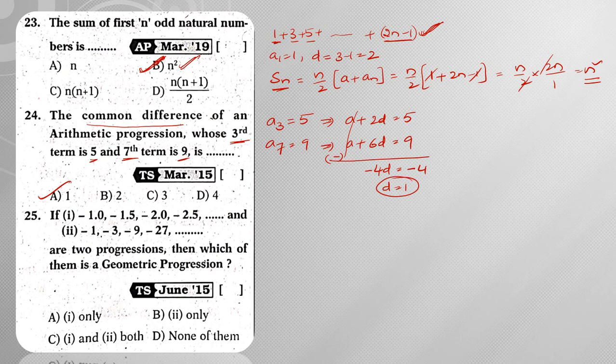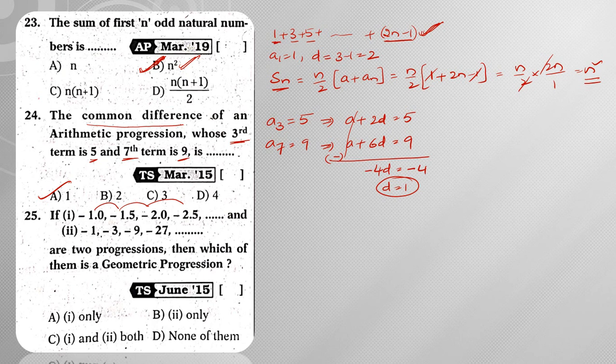Next, if minus 1.0, minus 1.5, minus 2.0, minus 2.5, and minus 1, minus 3, minus 9, minus 27 are two progressions, then which of them is a geometric progression? Clearly you can observe that here 0.5 is decreasing, that means the common difference is minus 0.5.